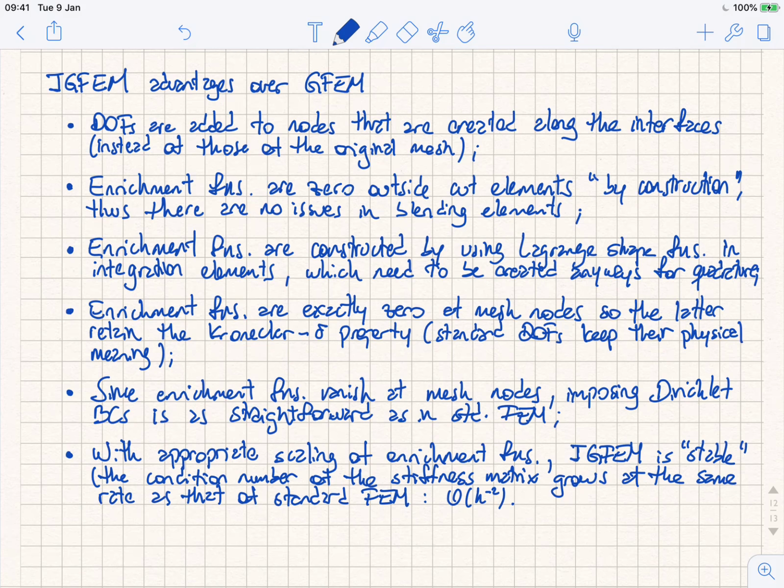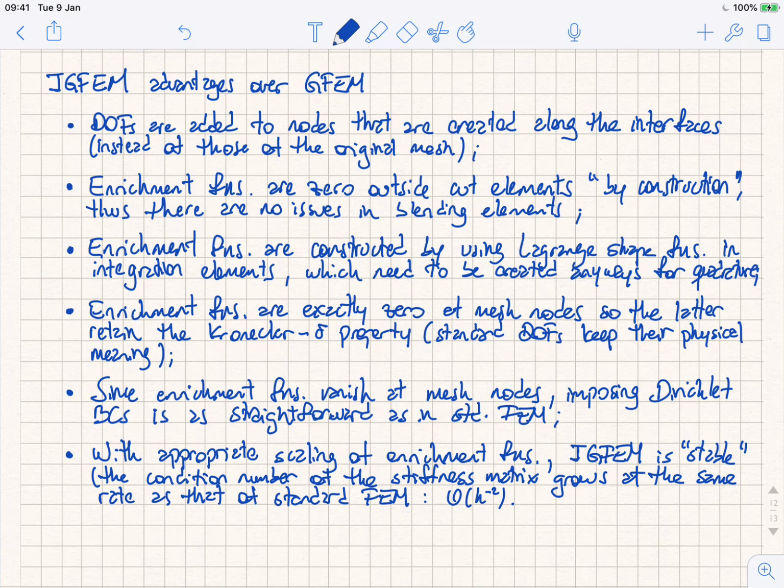Do you have any questions up to this point? Yeah? What about disadvantages? Well, let's see. In terms of disadvantages, of course, IGFEM can only be used to model weak discontinuities, right? GFEM, in that sense, is a more general framework. You can pretty much add anything you want to the formulation.